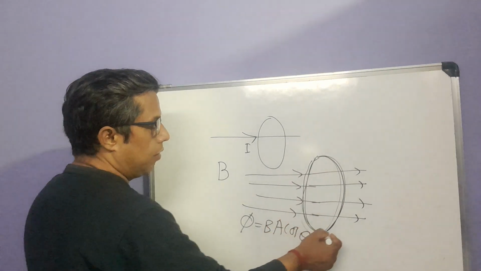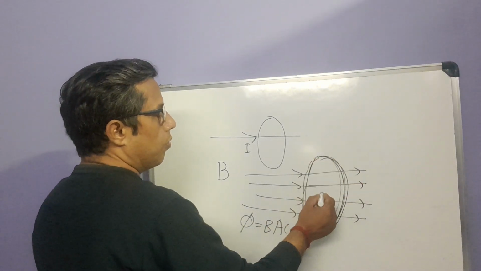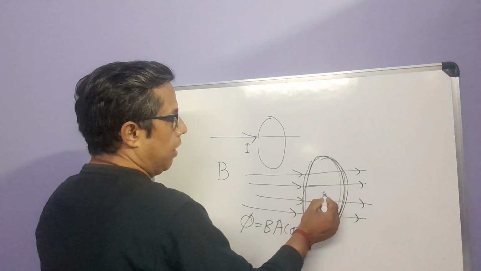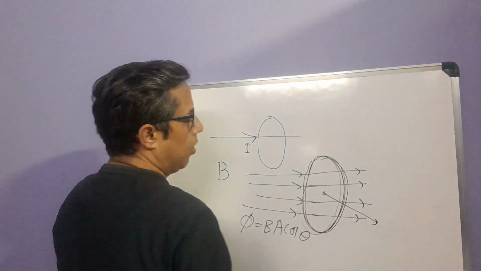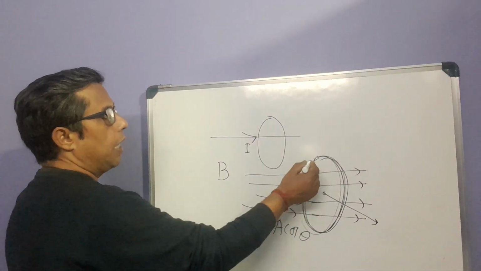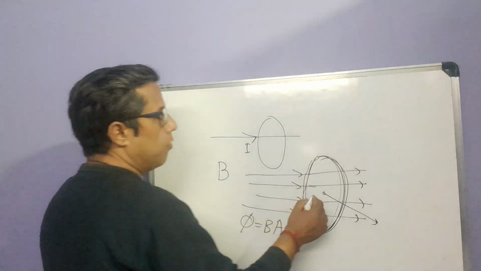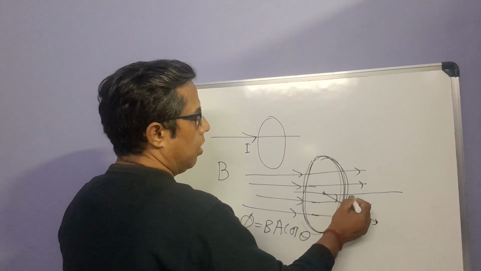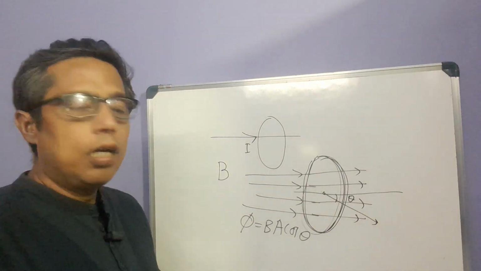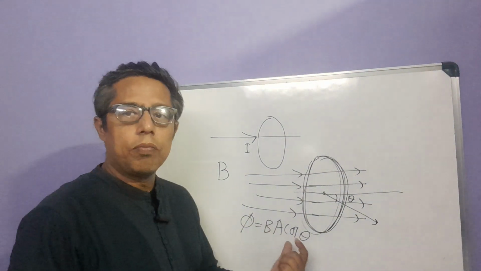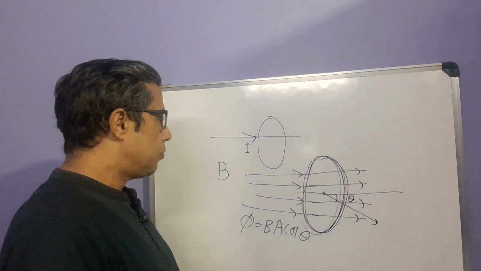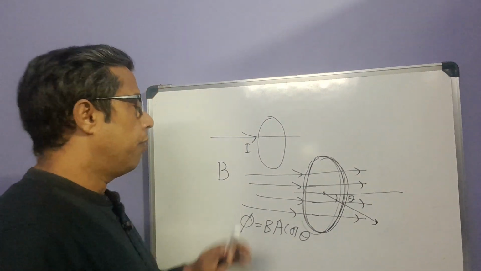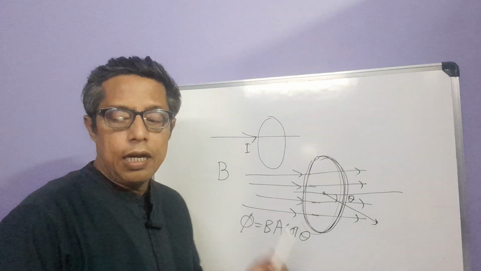For this conductor, the area vector will be perpendicular to it, and this will make an angle with the magnetic field lines, that will be theta. So this is the very basic part of this. Okay, now I'll explain the Faraday's law of electromagnetic induction.